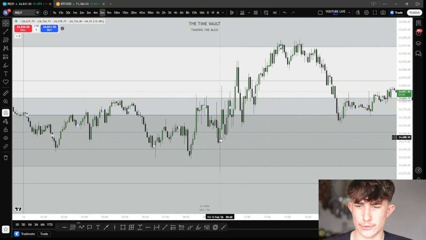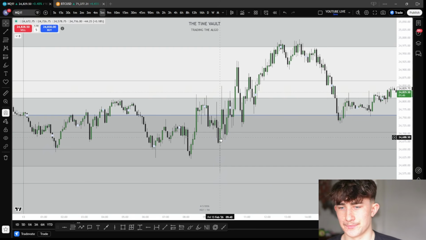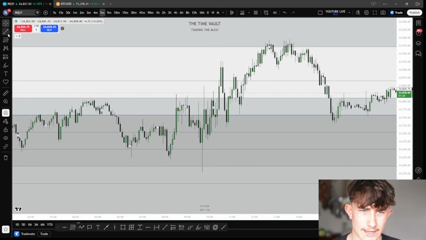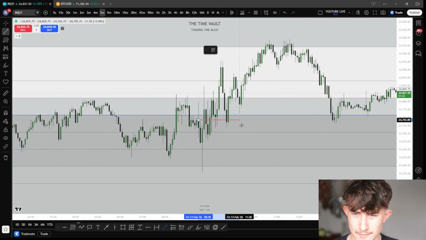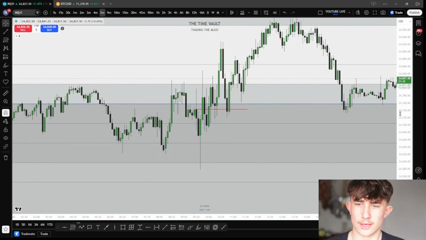So now back to how you're going to be catching your entries inside of each manipulation leg. As you see here, the 9:30 open sits right around here, right? Now this is what we're going to be doing, because this is going to be our major part here. It's going to be the confirmation of our CSD.